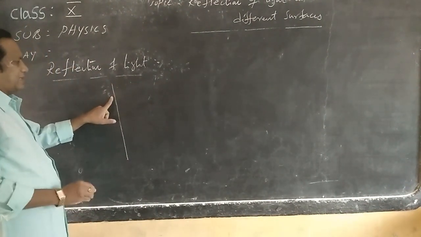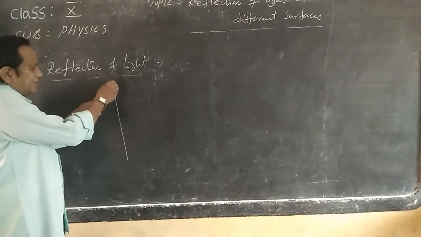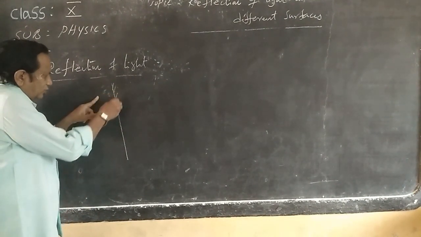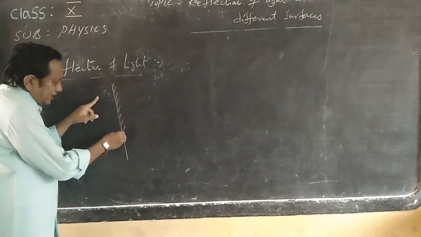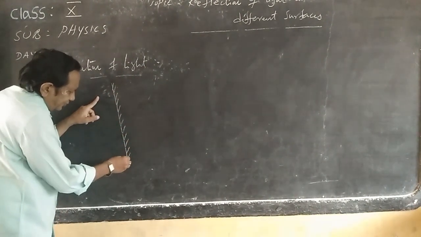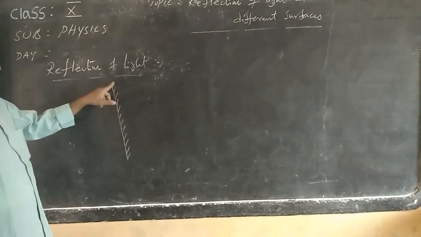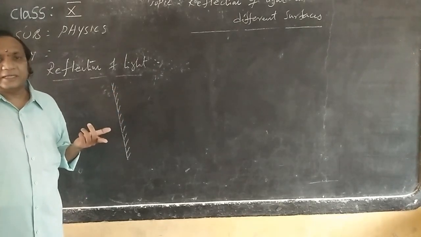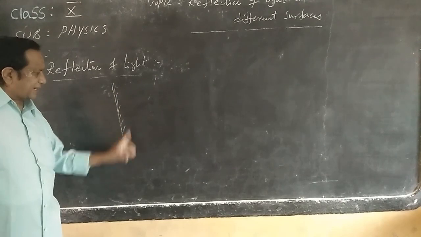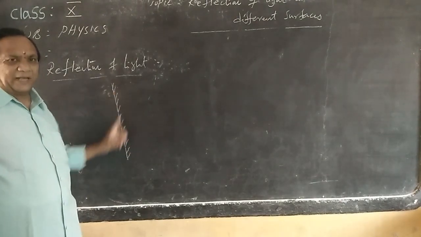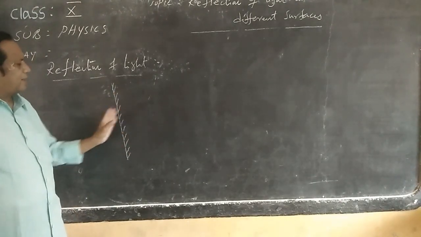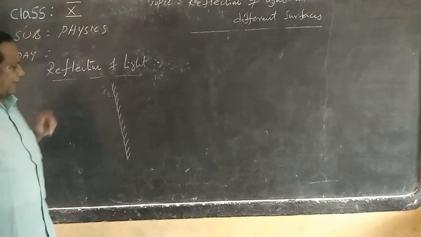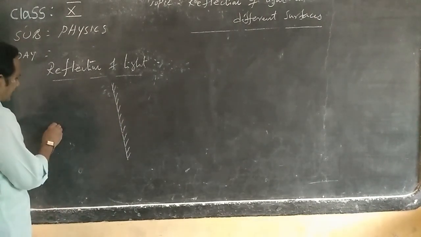Suppose light falls on this side; if it is not possible, we make it like this. Remember that for either plane or spherical surfaces, it is compulsory to make one side opaque. Otherwise it becomes a lens. This is opaque, that's why light does not propagate through it.